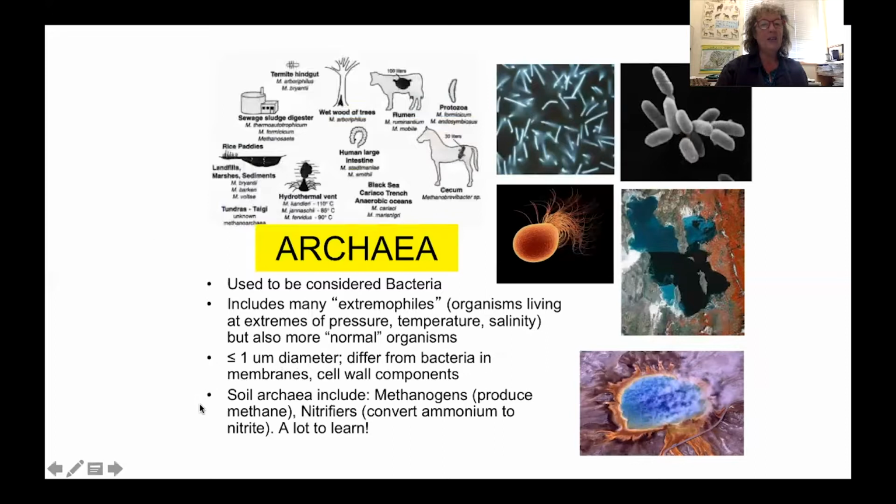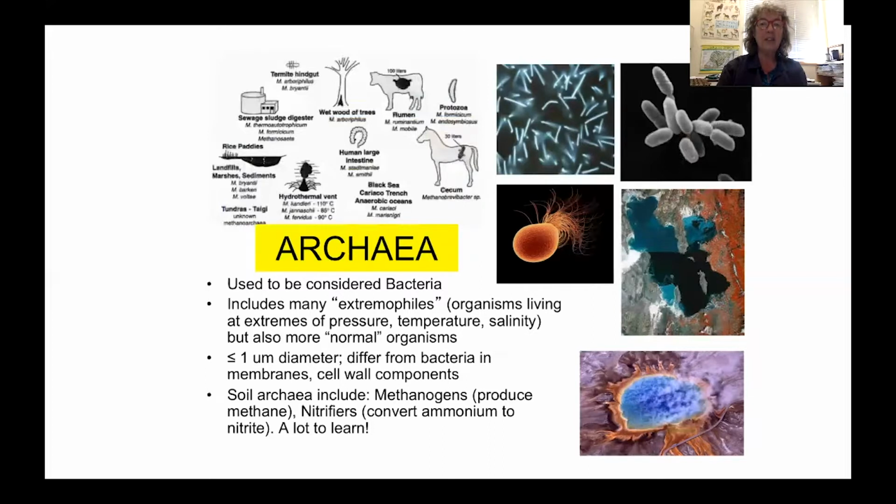And so are they important in soil? Well, actually, methanogens, organisms that produce methane, are all archaea. So they're really important in rice systems where we might be concerned about making methane, and also animal systems with ruminants. But also we've learned that nitrifiers include archaea.